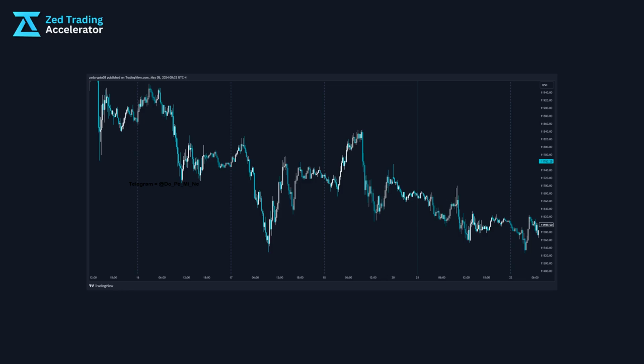It's around New York kill zone once again. Forex 7 a.m. to 10 a.m. Indices 9:30 a.m. to 11 a.m. If you look closely, we have here equal highs. Equal highs taken, and then the price has shifted lower.